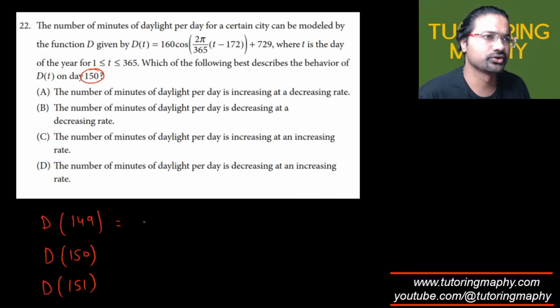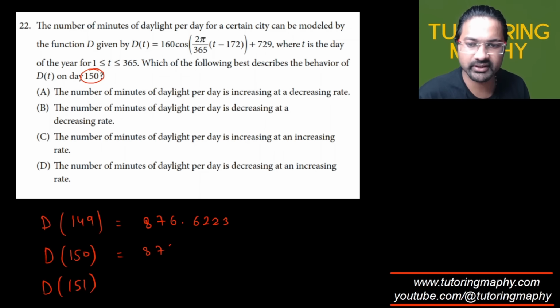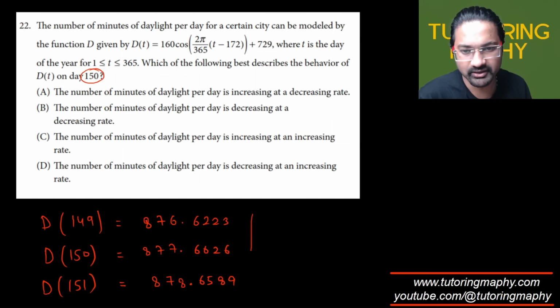Over here, d of 149 is coming as 876.6223. d of 150 is coming as 877.6626, and d of 151 is coming as 878.6589. Clearly the value of d is increasing, right? It is increasing, not decreasing.